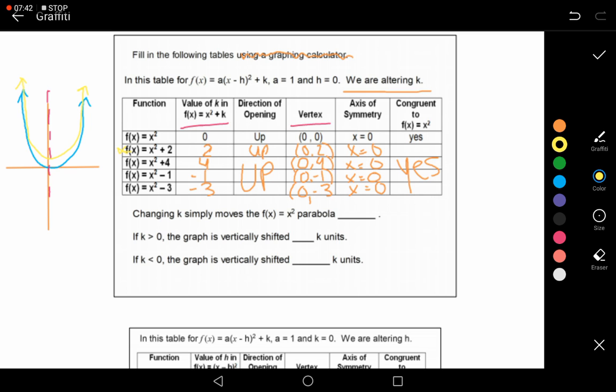It has the same slope, the exact same shape, and it's still opening up. What you can see is that my vertex, or my origin, has moved up too. So basically think about this as the same shape, the same parabola, just moving up or down.